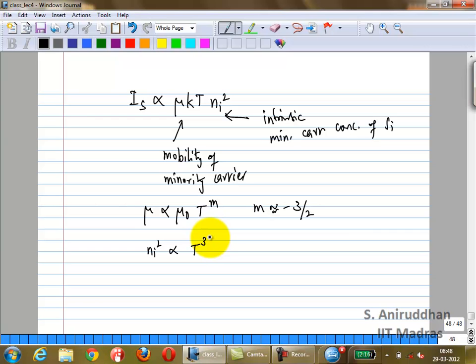Ni squared is proportional to T cubed times e power minus Eg by kT, where Eg is the band gap of silicon, something like 1.12 electron volts. This is the band gap energy of silicon.